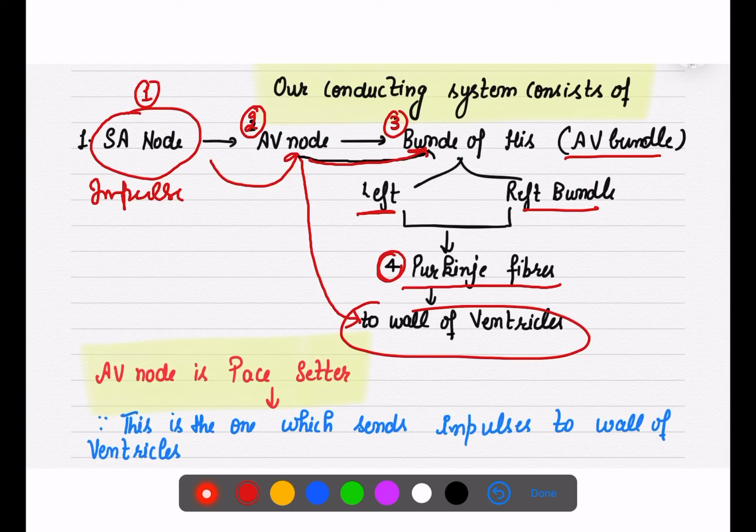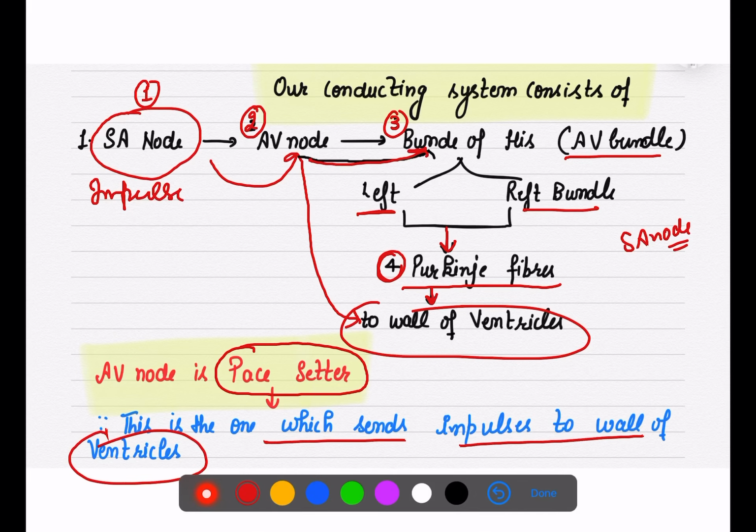Then from the bundle of His, they are transmitted to the Purkinje fibers, and finally from the Purkinje fibers to the wall of the ventricle. The AV node is known as the pace setter because, is it the SA node which is sending impulses to the wall of ventricles? No. It is the AV node which sends impulses to the wall of ventricle. So it is known as the pace setter, and who is the initiator and maintains those impulses? That is the SA node. So it is known as the pacemaker, right?